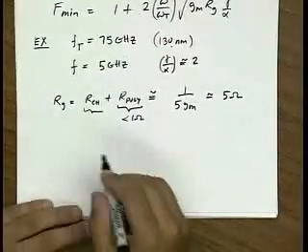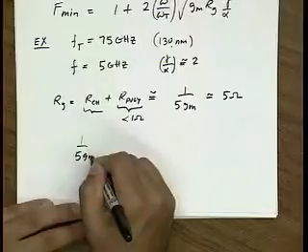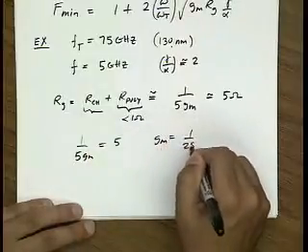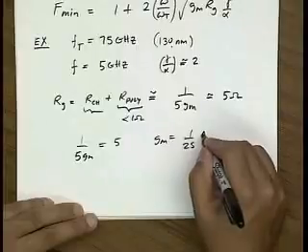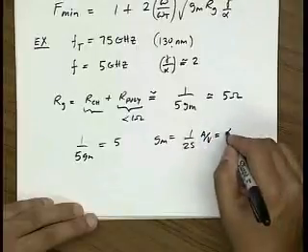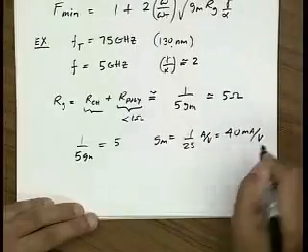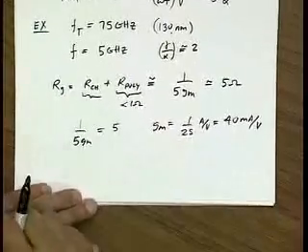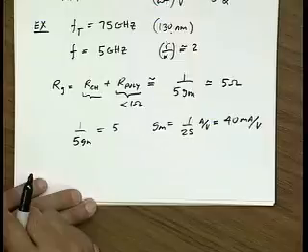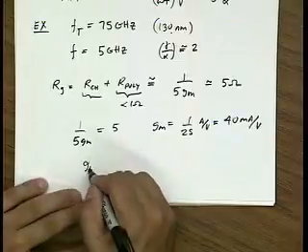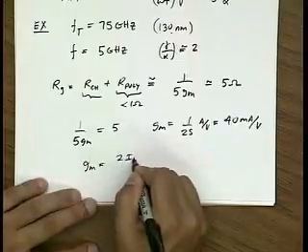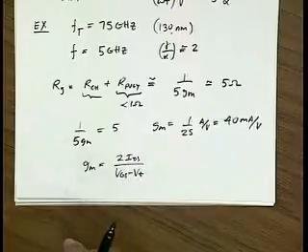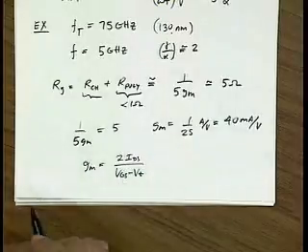Now, given that, I can solve for GM. So I want a GM of 1 over 25 amps per volt, or about 40 milliamps per volt. And let me also observe that GM is 2 times IDS over VGS minus VT. So if I know VGS minus VT, I can also solve for IDS.